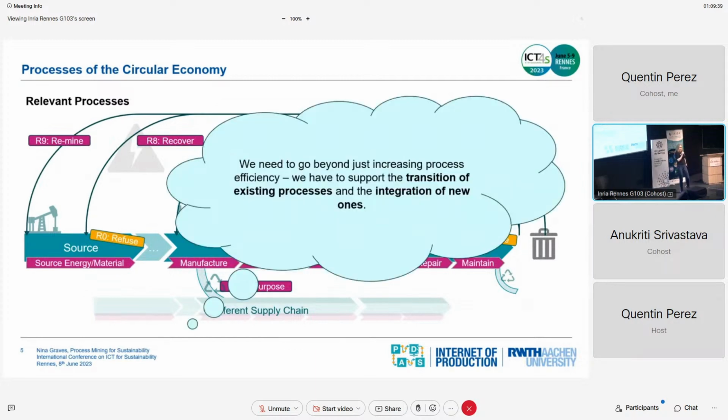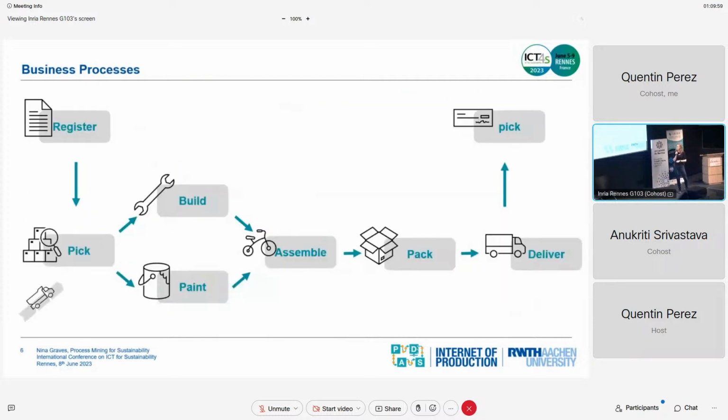So what is it that we have to do in general? We want to increase the efficiency of our processes, but we also want to consider how we can transition the way that we are working at the moment to more sustainable processes. And we want to integrate new processes into the way we currently work. Getting back to our business process, the question is now, how do we do that?